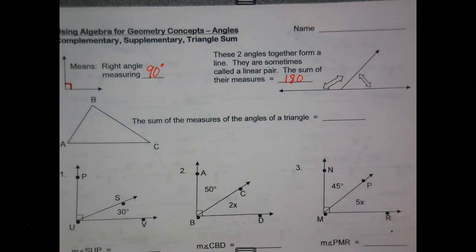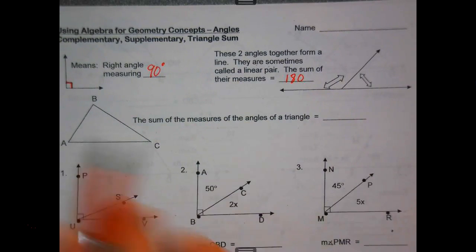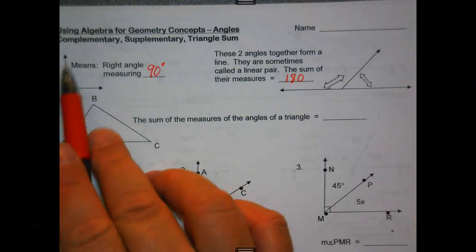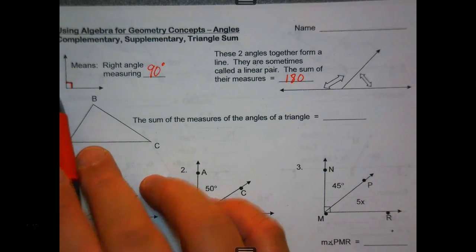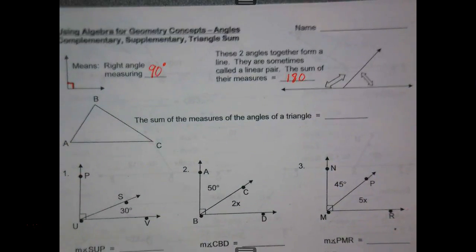Yep, they're supplementary. It forms a line. If I flip this angle, I'll have a line. So 90 plus 90 is going to be 180.